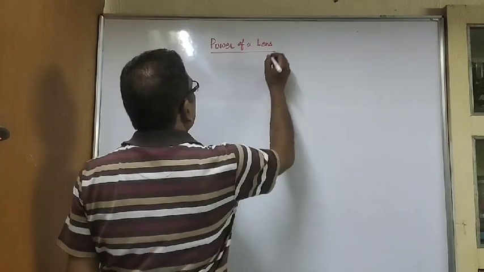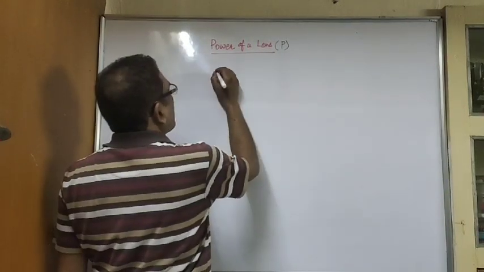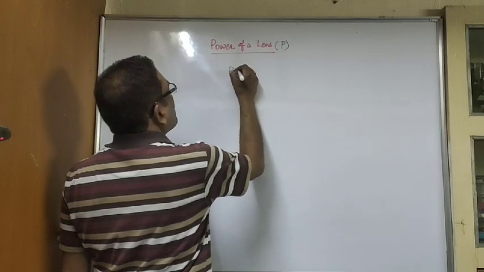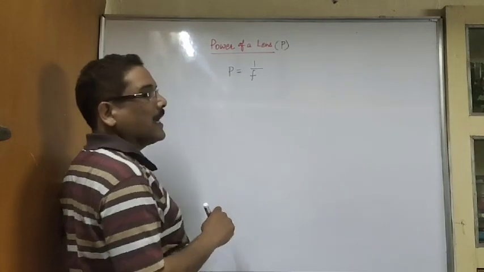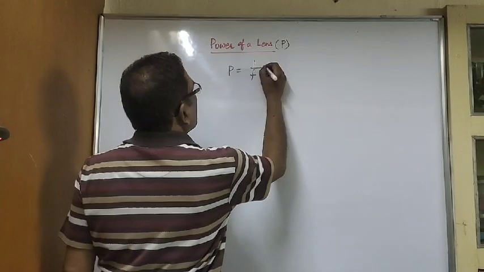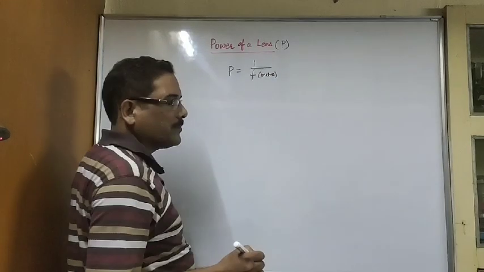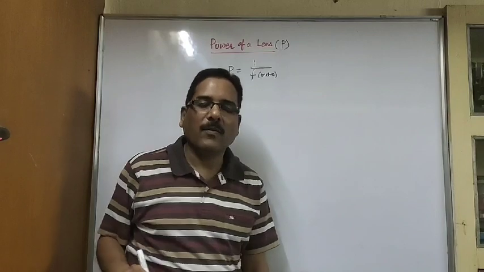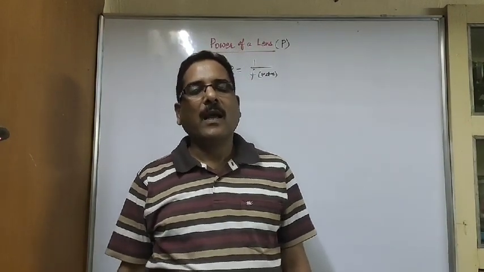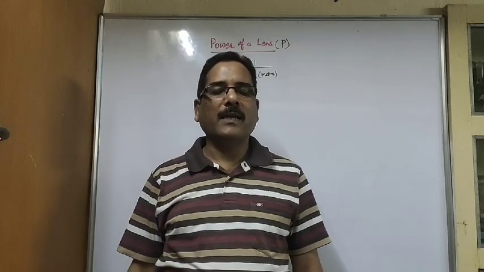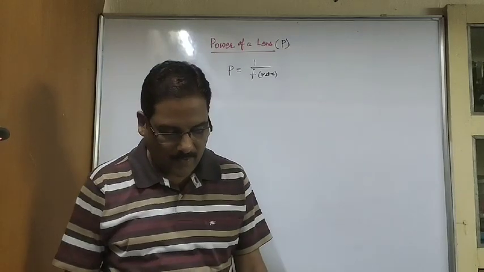We represent power of a lens by the letter P, and mathematically we write P is equal to 1 by F, where F stands for focal length, and we always take focal length in meters. Must remember it. If the focal length of a lens is given in centimeters and you have to calculate the power of the lens, first convert it into meters and then calculate the power.